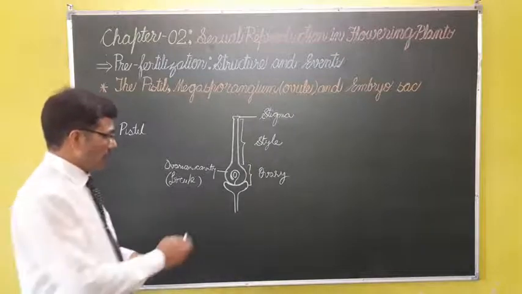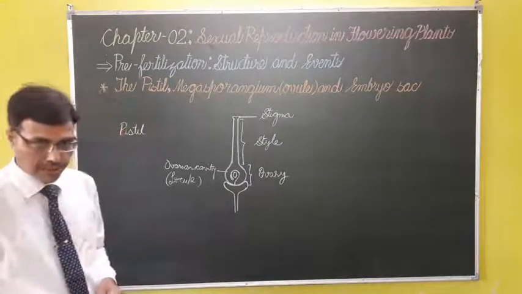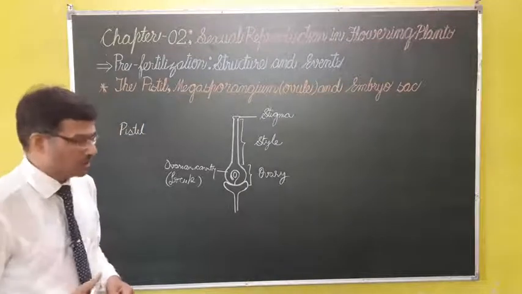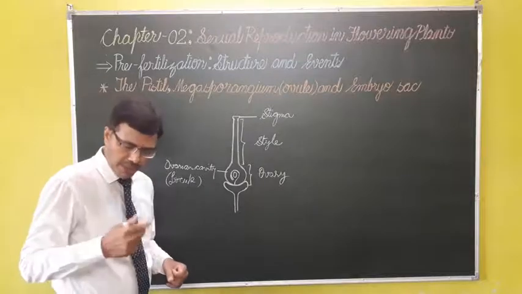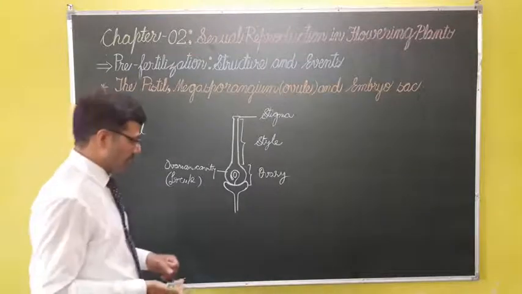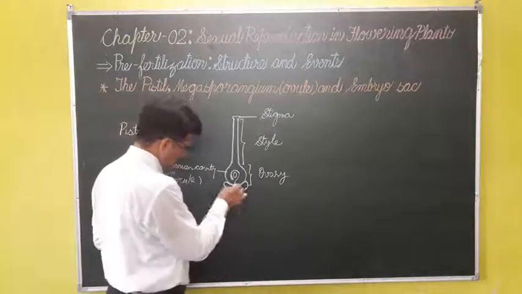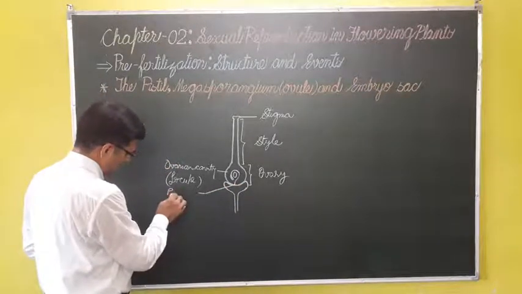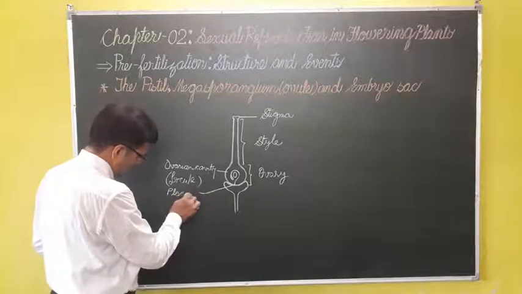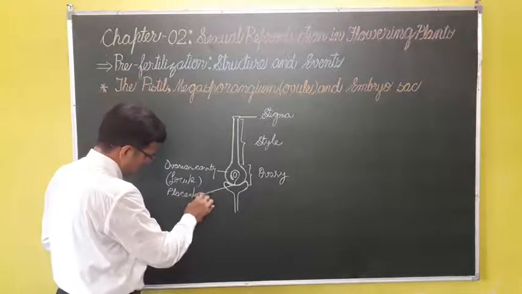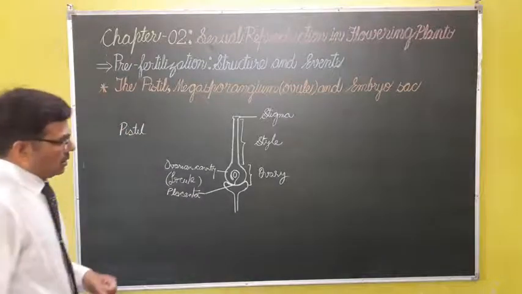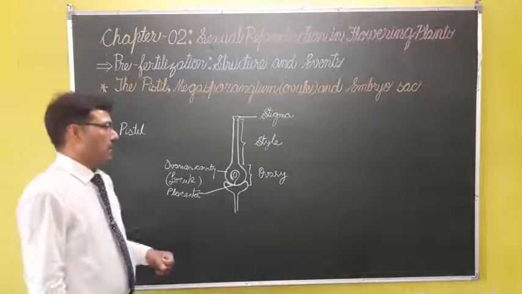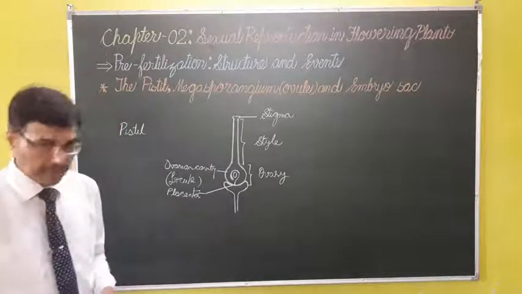Now, the ovule is attached to the wall of the ovary, and the point of the ovary to which the ovule is attached is called the placenta. So this is all about the pistil of a flower.